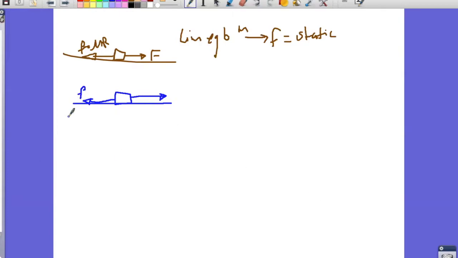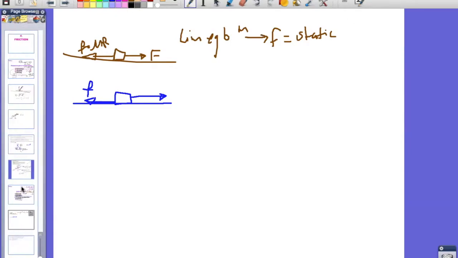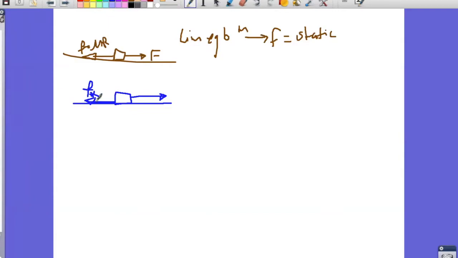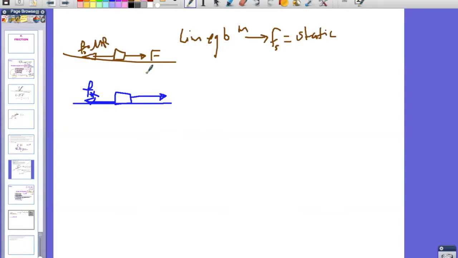What that sentence is telling you is that in reality, for those of you who have studied physics, you would have seen that in physics, the assumption is not made that this friction is equal to mu R. So let's call this kinetic friction, Fk. This one is Fs, static friction, mu R. So what that sentence is telling you is that actually when this object starts to slide, the frictional force will decrease a little bit.